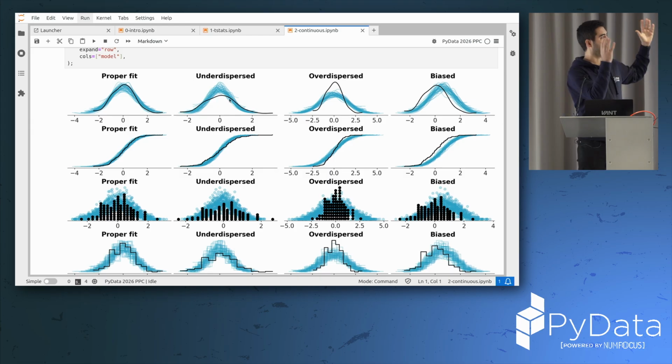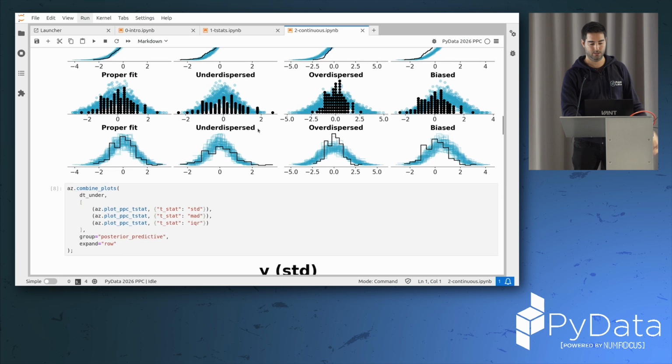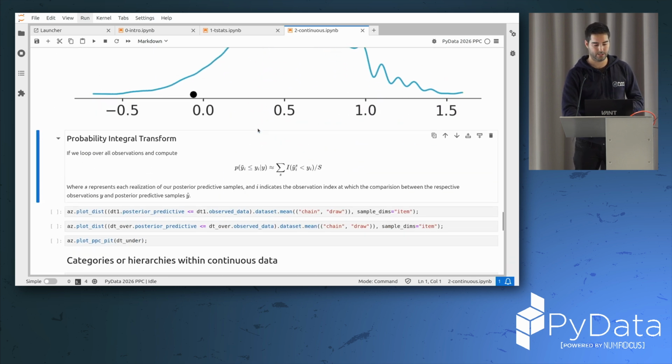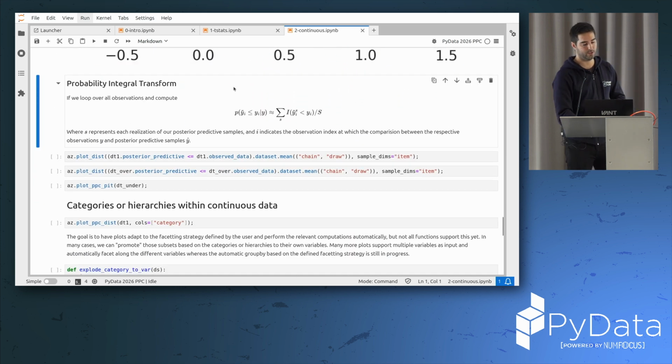We can also have models that have larger dispersion of the predictions per se, things that look wider, or there's more differences between the different realizations of the posterior predictive. So something that is also very common and that we use a lot in ArviZ is the probability integral transform.